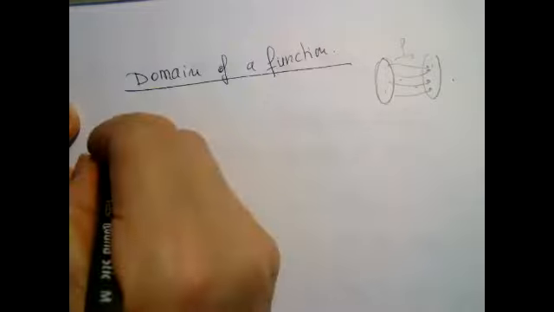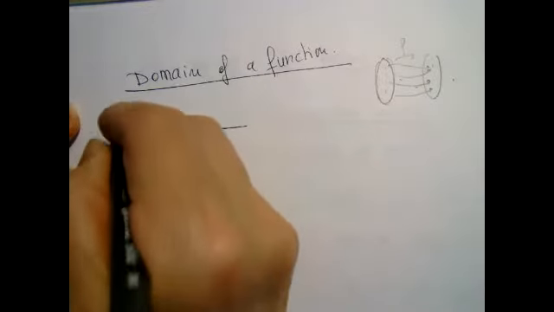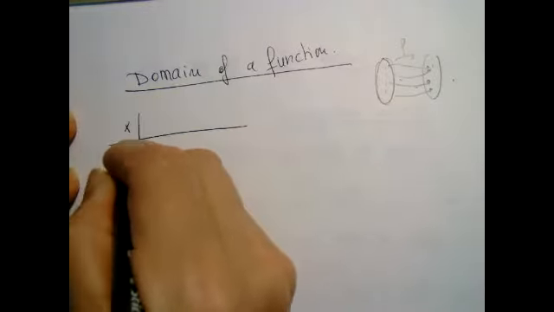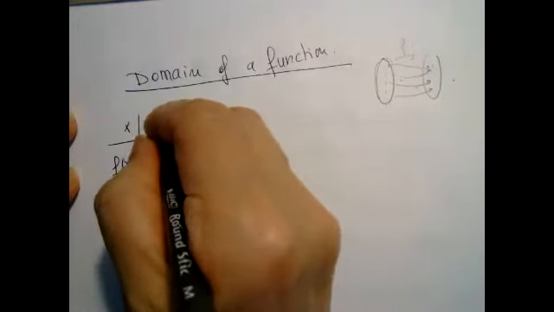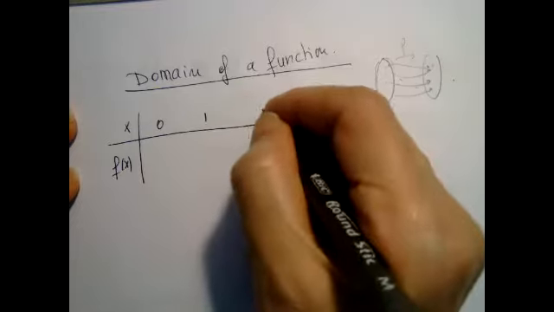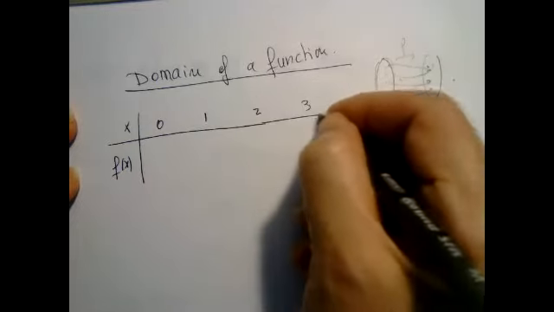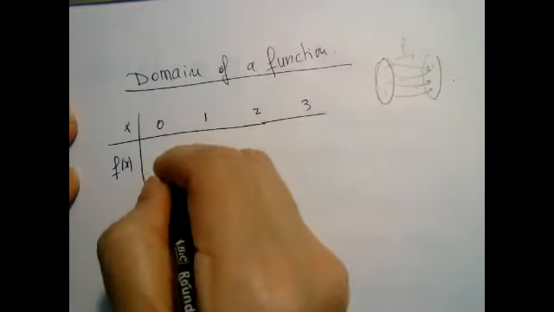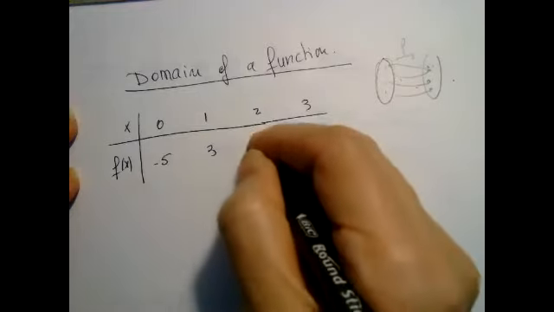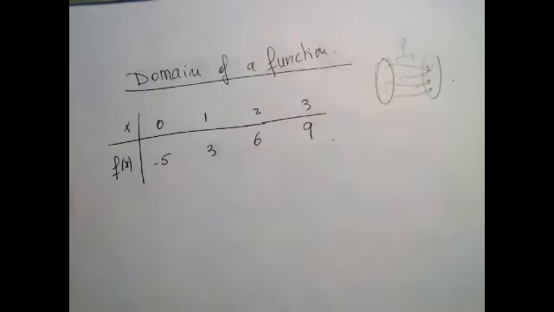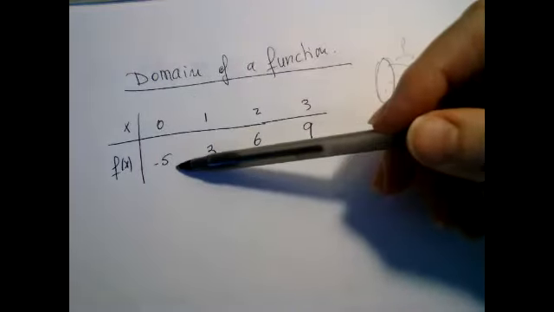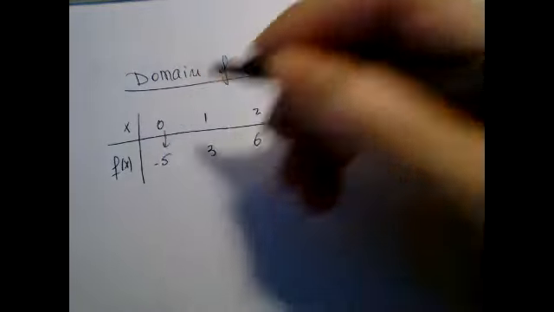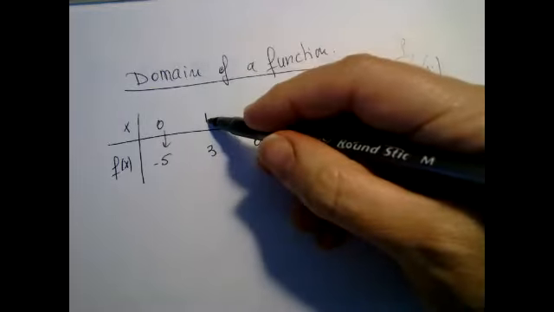So suppose I take the following function, a rule, before I define the domain much better than that. Suppose it takes 0, 1, 2, 3, and takes 0 to -5, 1 to 3, 2 to 6, and 3 to 9. So that's my function. If I ask what's f of 0, you tell me, according to your rule, it's -5. What's f of 1?